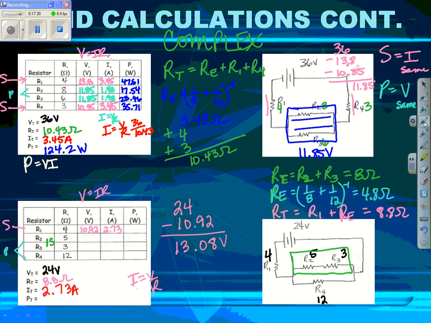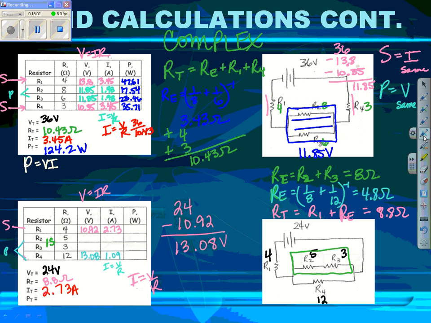So R2 and 3's voltage will total 13.08, and R4's voltage is going to be 13.08. I can't do anything about how the voltage is split yet on R2 and 3, so I'm going to wait. But I can go ahead and do I equals V over R for R4.